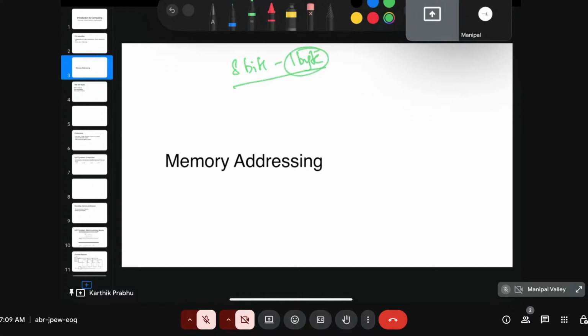So addressing means finding, essentially. We want every byte in memory to have a unique memory address.